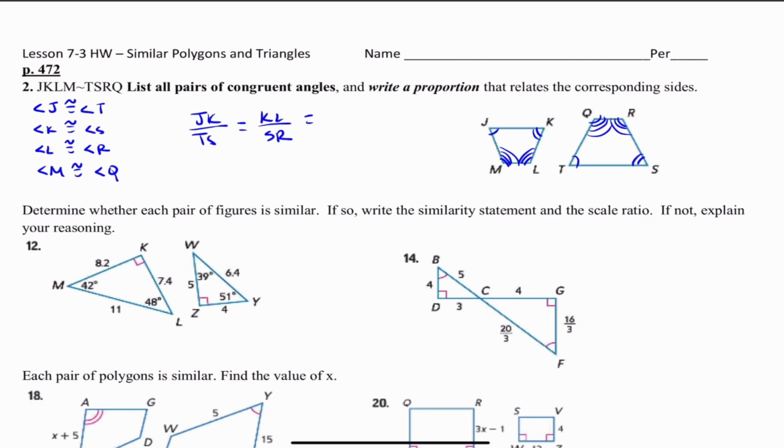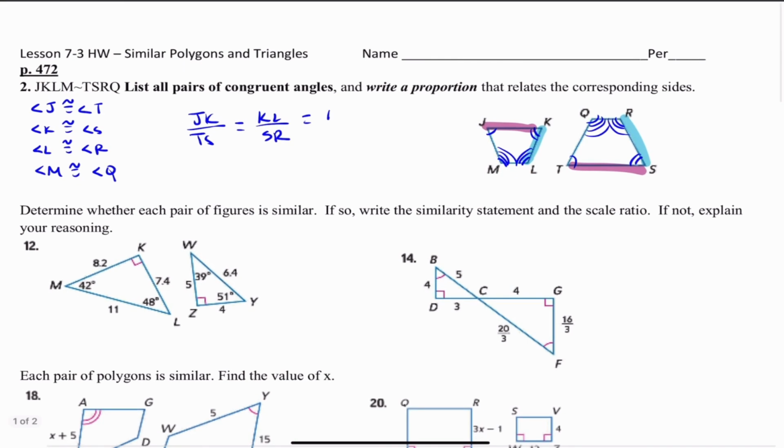And then what else do we have here? We did these two already, and then these two already. So we have 4, 3, 4, 3. We can say ML corresponds with QR. So ML corresponds with QR, those two sides that are corresponding.